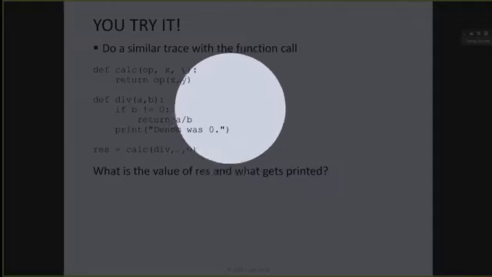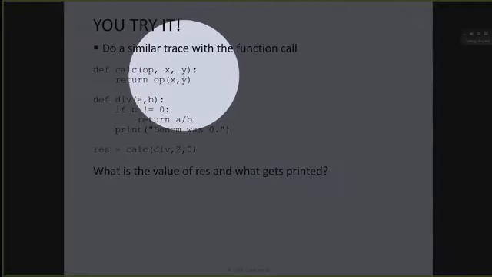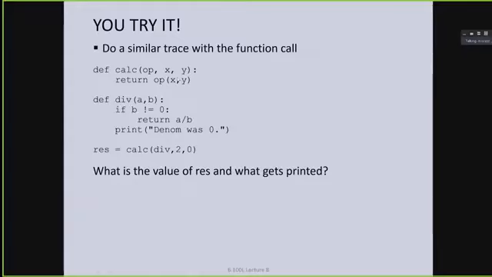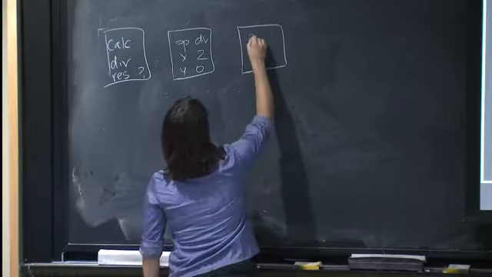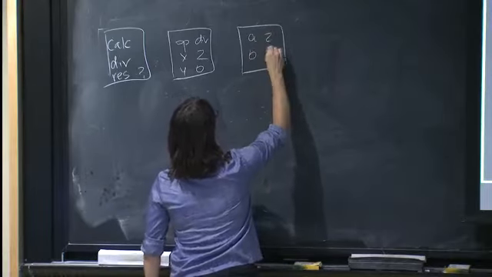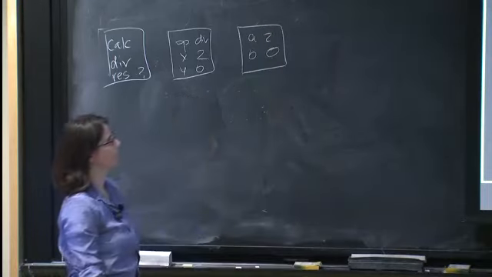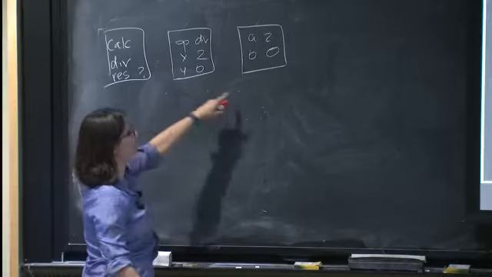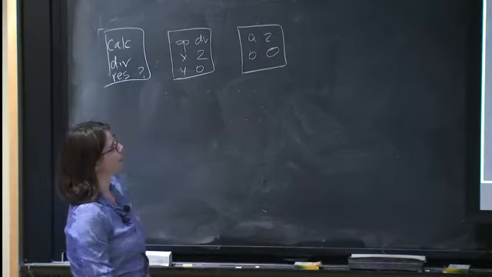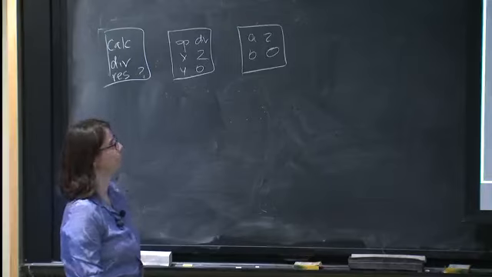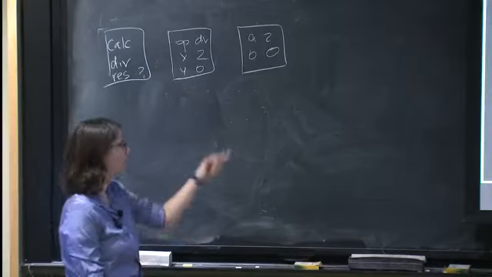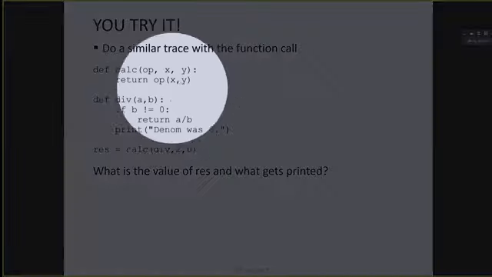So what's op going to do? Yes, exactly. We make another scope for div. A is 2 and B is 0. So we're kind of 2 scopes deep. What's div going to do? Yep, so div prints out the thing. Denom was 0.